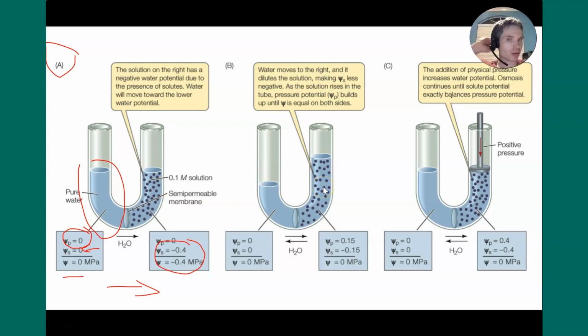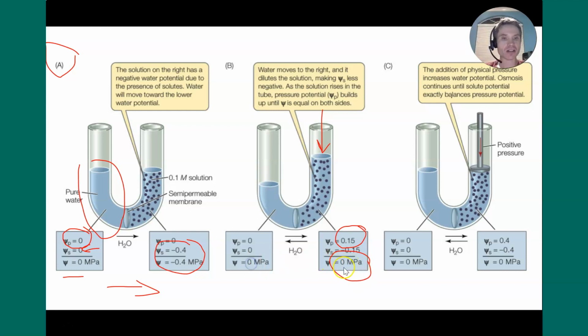In our middle example, we've actually added some pressure to our tube. We're pushing down upon our tube. We have a plunger right here, and what that plunger does is add pressure to our tube. We represent that by the plus 0.15. Add that to the negative solute, and we end up with a value of 0.